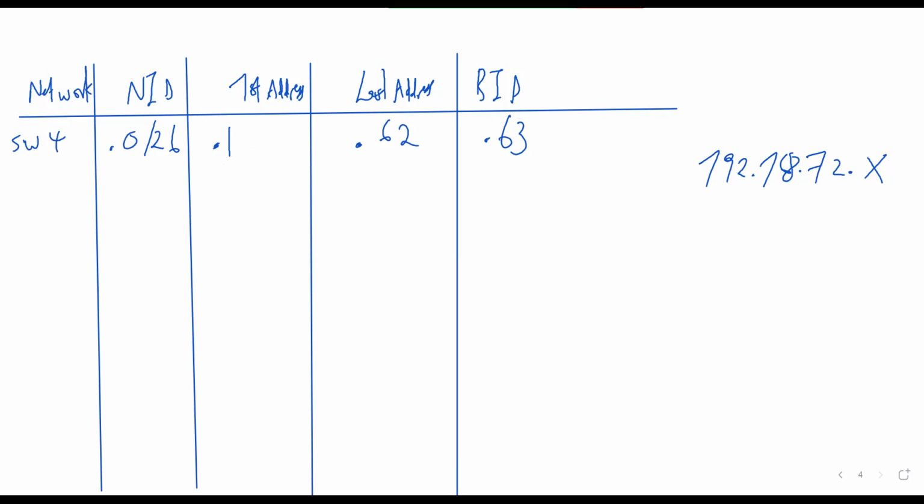Now we can assign addresses in that network. There is a habit to assign the first address to the router interface, which becomes the default gateway. Then from there, you take addresses for your PCs between 2, 3, 4, 5 up to 62. Right.